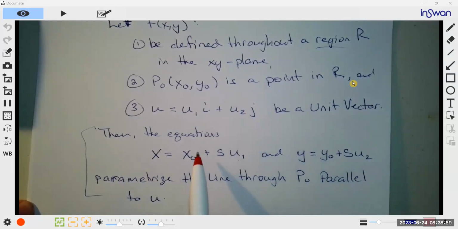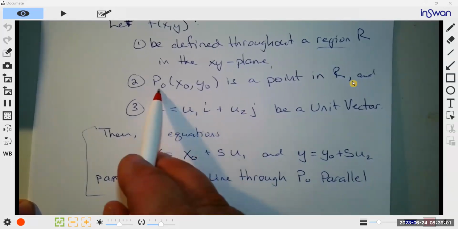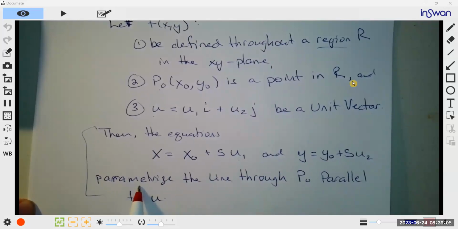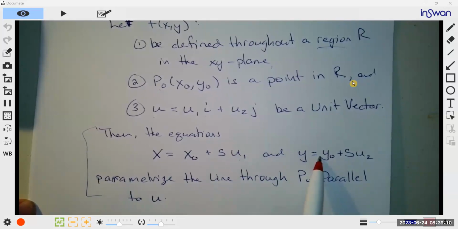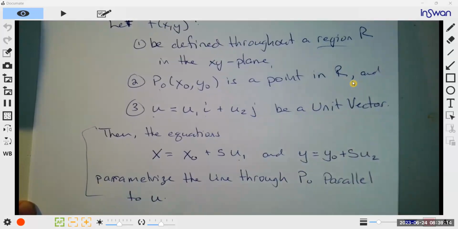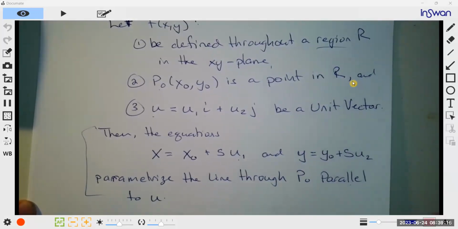So once we parameterize it, we have our unit vector. We have a point that the function is going through in the region. Then these values of the parametric equations give the line through p sub 0 and parallel to the unit vector.